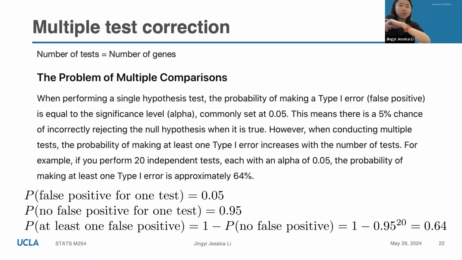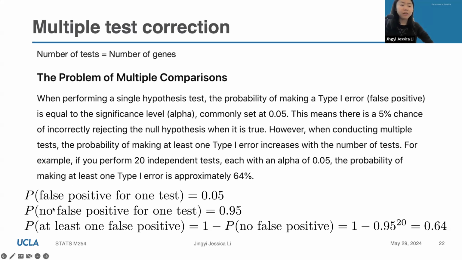All right. So what is multiple testing correction? In our example, we do one test per gene. So the number of tests is equal to the number of genes, but there is a problem of multiple comparisons. When we perform a single hypothesis test, the probability of making a type 1 error, a false positive, is equal to the significance level, commonly set to 0.05.